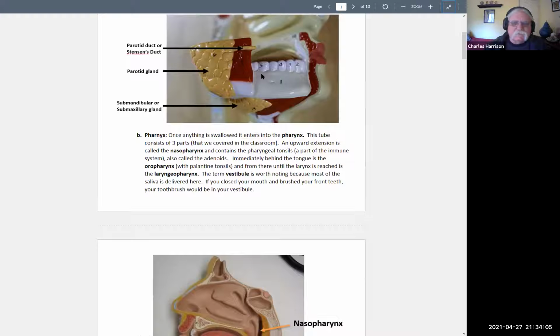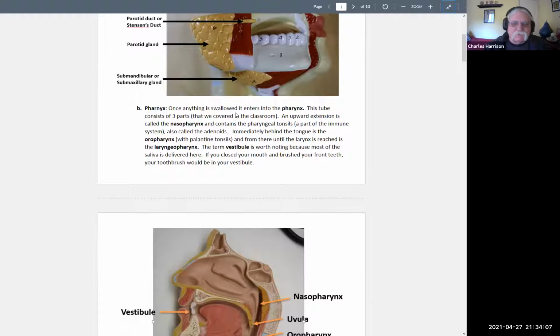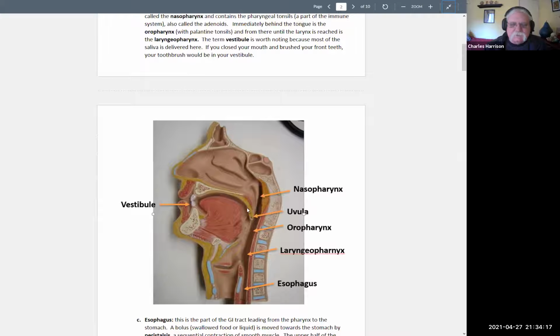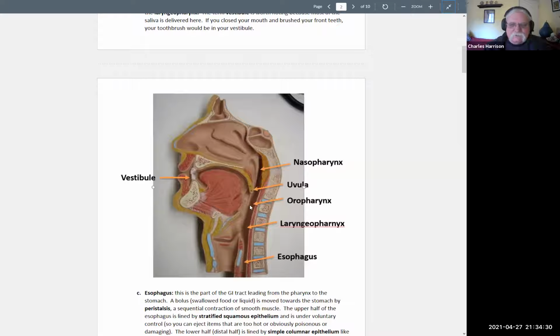We're following something that might be being swallowed now, and anything that is swallowed enters into the pharynx. It's a tube that consists of three parts. Above what you can see looking in a mirror, behind the nasal cavity is the nasopharynx. The part that hangs down, we see it in cartoons and such, is the uvula.